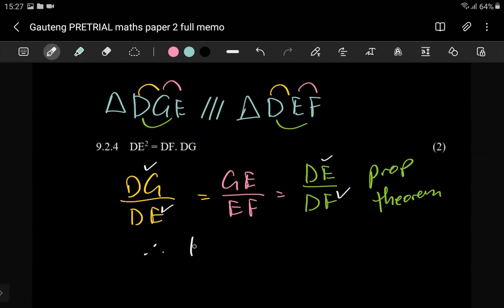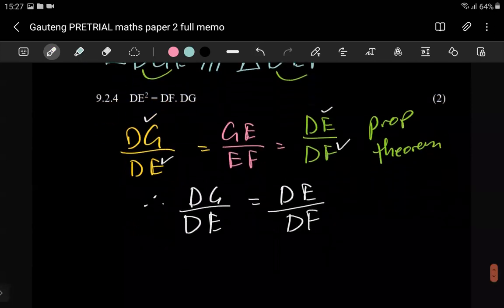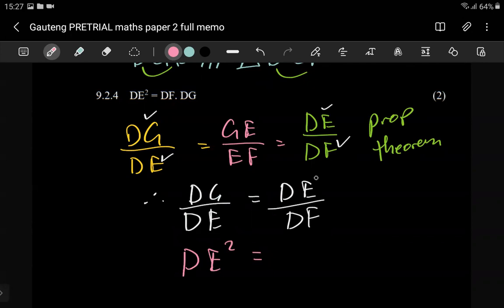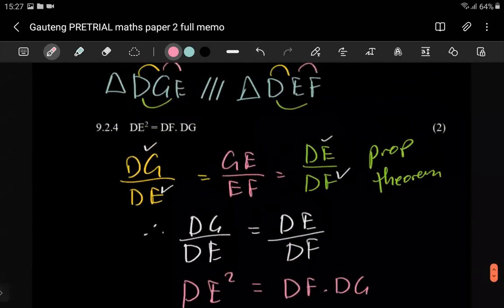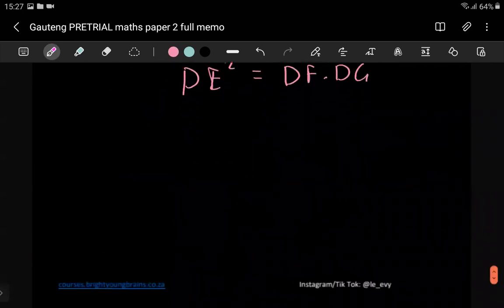So here we can say DG over DE is equal to DE over DF, and then we cross multiply: DE times DE gives you DE squared, equal to DF times DG, like they want us to do here. That's why this is just a 2-mark question, because you're literally just doing something basic and straightforward. So let's move on to the next one.